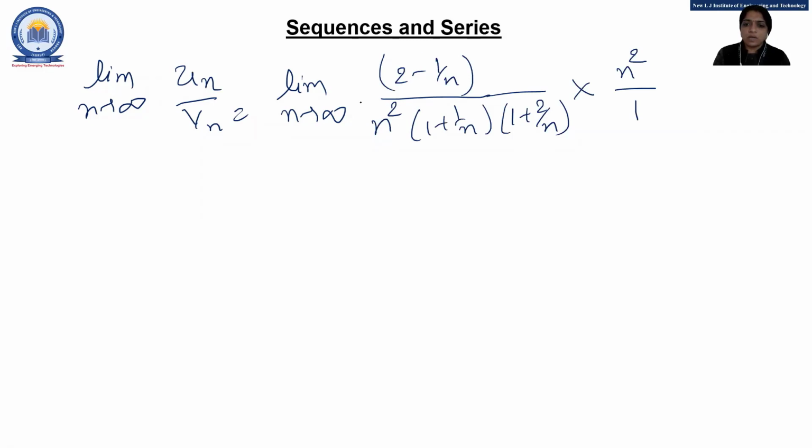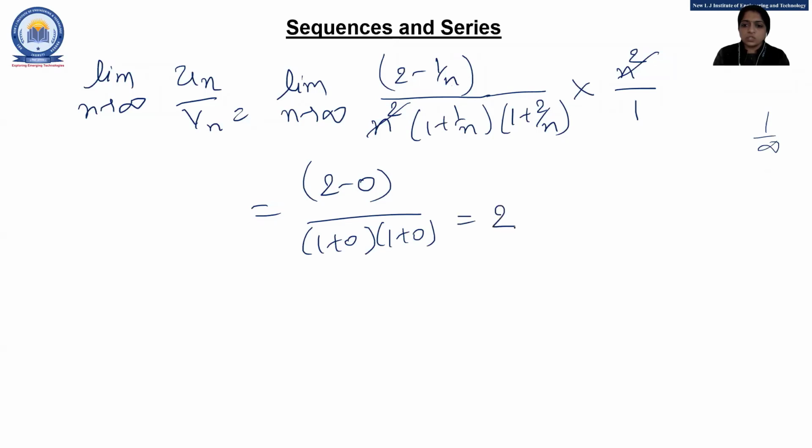Both n square will be cancelled out. After applying the limit, as n tends to infinity, 1 upon infinity is always 0, because 1 upon any big value or 2 upon any big value is always 0. So 2 minus 0, 1 plus 0, 1 plus 0. So our answer is 2.